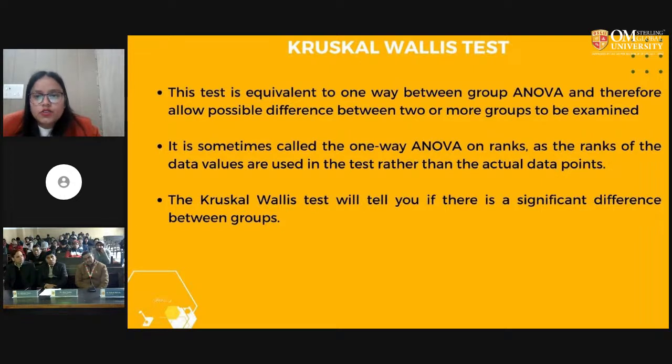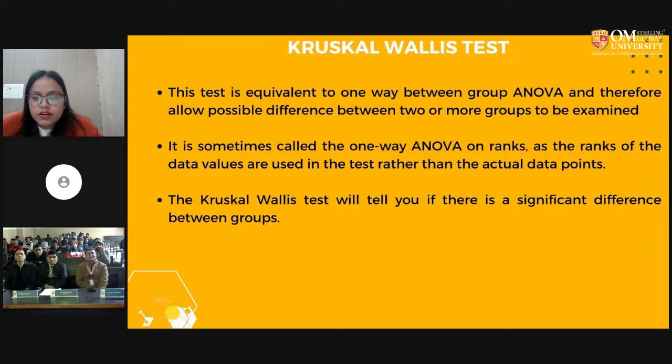In that case, you will use this particular test, and it is also sometimes known as one way ANOVA on ranks. Why rank? Because non-parametric tests always work on the concept of rank.